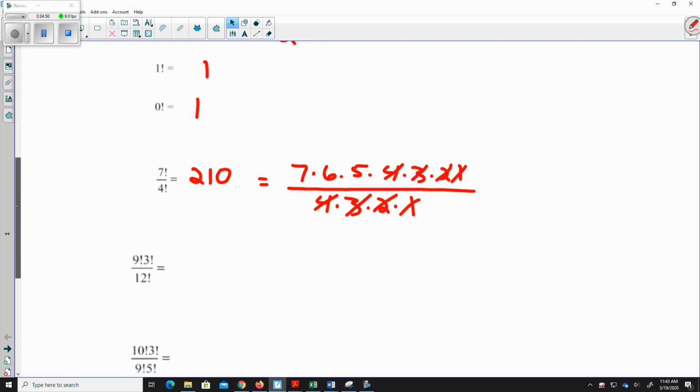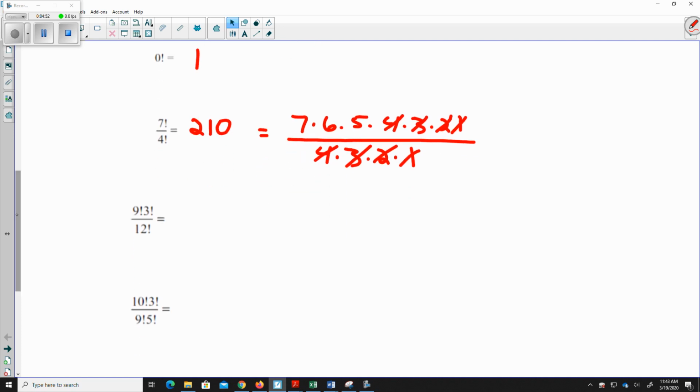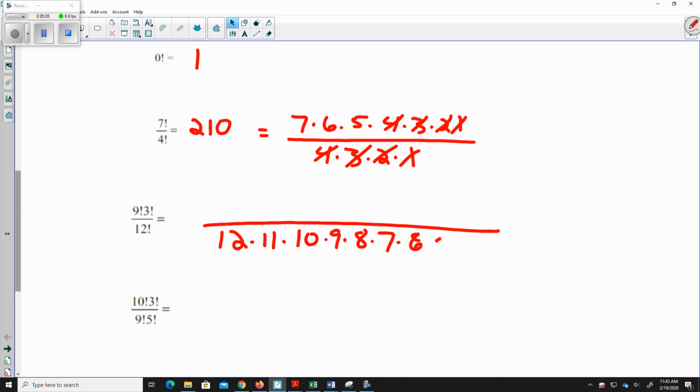Okay? So let's try that again with a couple of these examples. I'm going to write them all out so you can see everything that I'm doing. 9 factorial on top, divided by 12 factorial... multiplying that by 3 factorial.